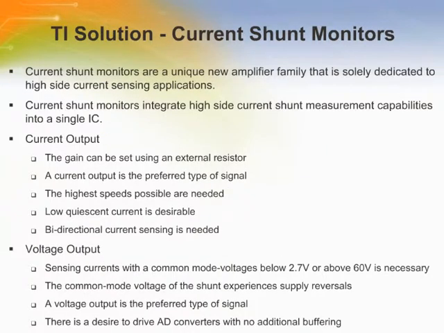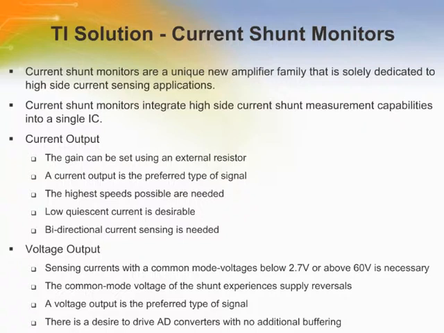Current shunt monitors are a unique new amplifier family that is solely dedicated to high-side current sensing applications and contains all the necessary functions needed to perform the measurement easily and economically. There are two types of current shunt monitors, current output and voltage output.